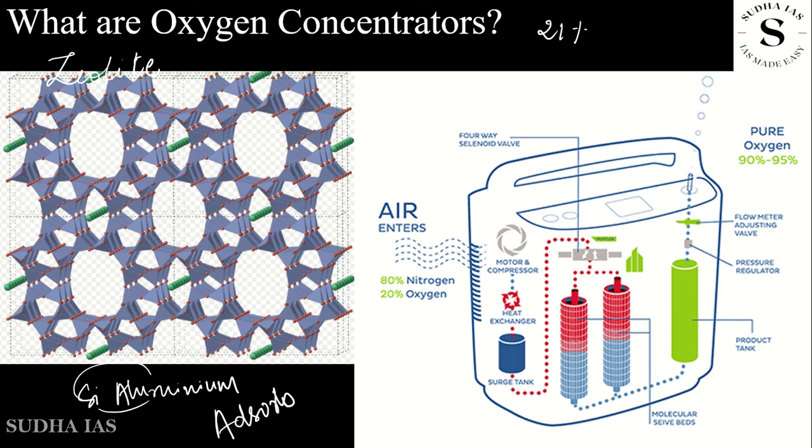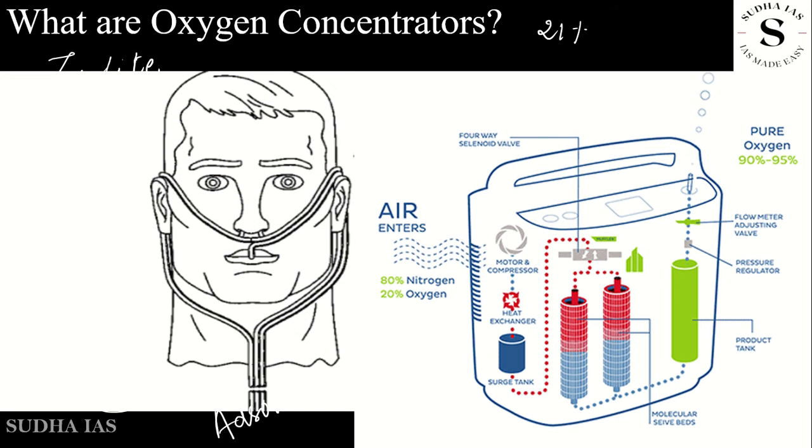This 80 to 90% pure oxygen is supplied to the patient through a nasal cannula, while the nitrogen is released back to the atmosphere. So here in this image, we are able to see the nasal cannula through which the oxygen rich air can be supplied to the patient.